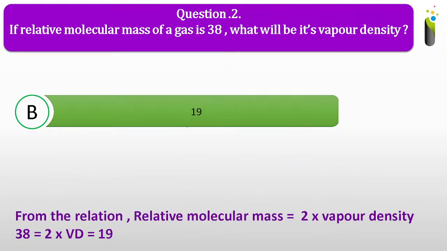The correct answer for this question is 19. From the relation, relative molecular mass is equal to 2 into vapor density. So 38 is equal to 2 into vapor density, that is 19.